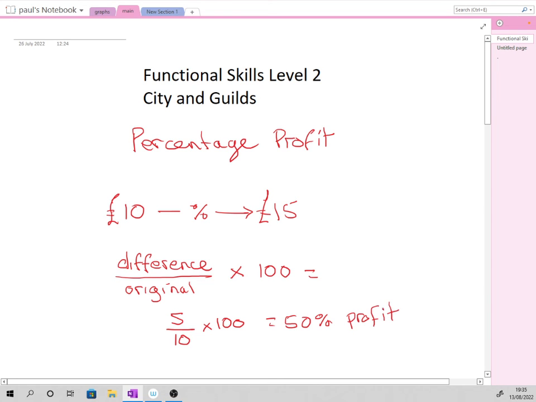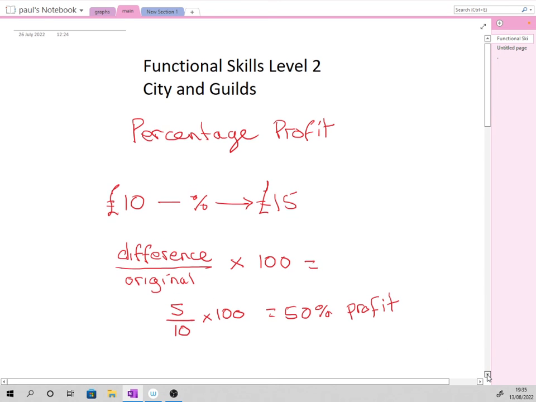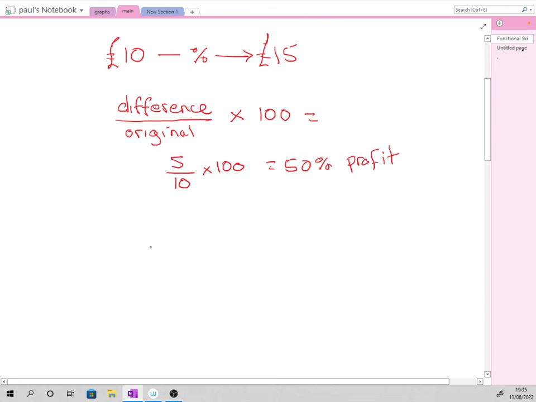Now, if this went down, let's have a look. What if it does go down? So we buy something for £10, and we want to work out the percentage profit, or in this case it will be the percentage loss, because we're going to sell it for a fiver. So again, difference over the original. The difference is £5.